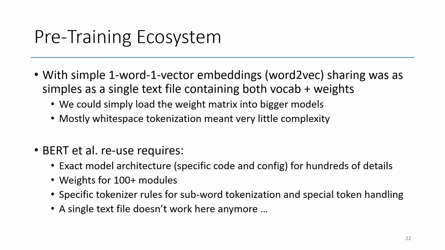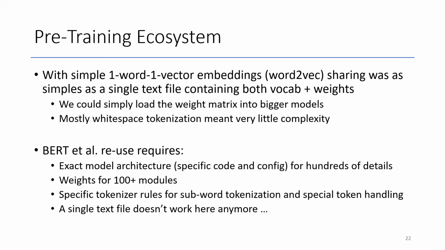Because if you have a simple one word, one vector embedding, such as word2vec, the sharing was as simple as a single text file containing both the vocabulary and the weights of each vector. And we could simply load that format into any bigger model that we wanted. And they used mostly whitespace tokenization, which meant the choice of tokenizer also wasn't that important.